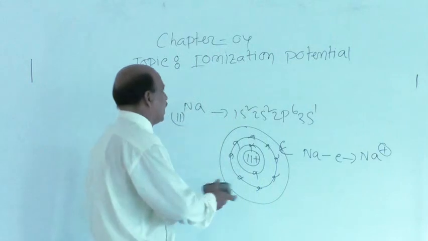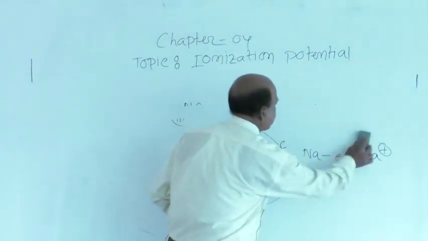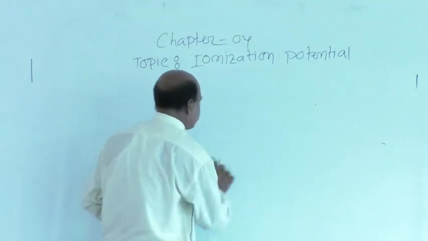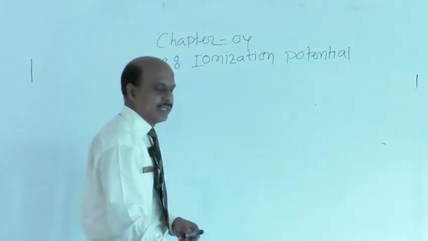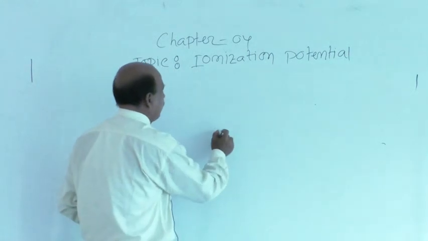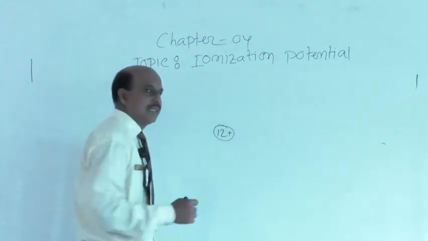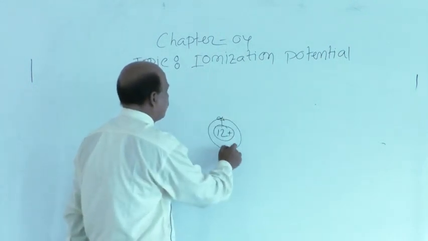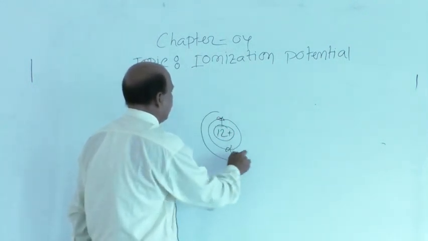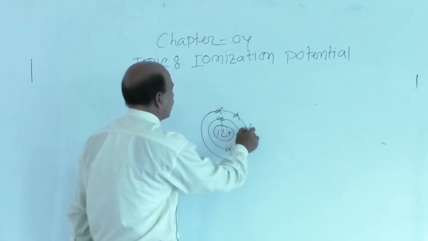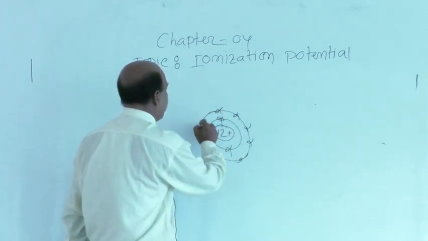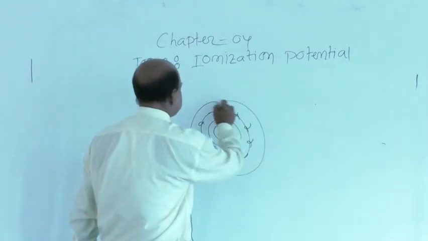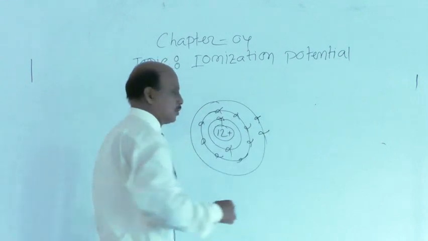That means if instead of sodium we consider magnesium, for magnesium there are 12 positive charges in the center, and in the first energy level there are 2 electrons, in the second energy level there are 1, 2, 3, 4, 5, 6, 7, 8, and in the last energy level there are 2 electrons.